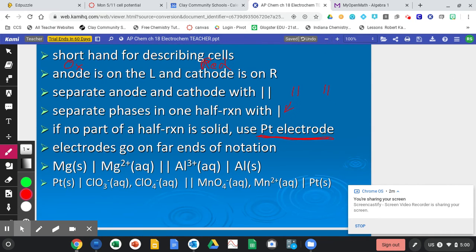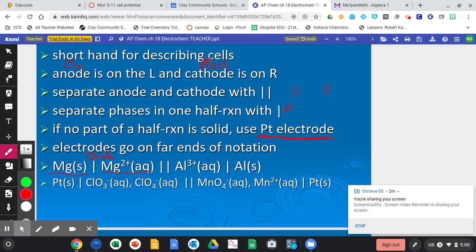And so here we're showing that this is what got oxidized. Magnesium went from 0 to +2, so it lost electrons. So it's the anode, and you have your magnesium in solution. So we're going to go ahead and use magnesium as a solid electrode.